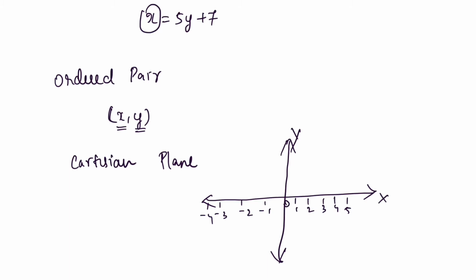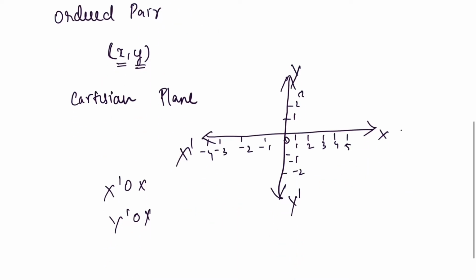You can call them x dash, x and y dash, y. The point of intersection is called the origin O, y or y dash is the y-axis and x or x dash is the x-axis.